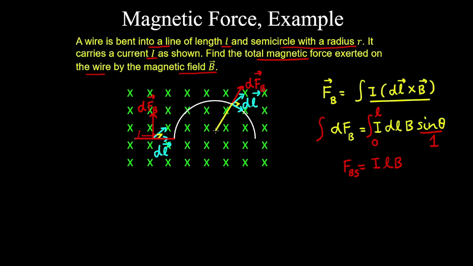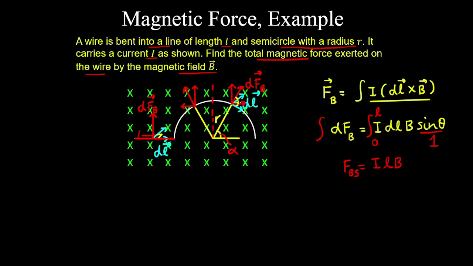And now we'll draw a line to the center of this semicircle, which has a radius r, and we'll take this angle as an angle alpha. And note that if we have a differential force vector on the other side of this semicircle, the horizontal components are going to have the same magnitude, but the opposite direction. So by the symmetry of the problem, only the vertical components of the differential force vector are going to contribute a net force on that semicircle of wire.